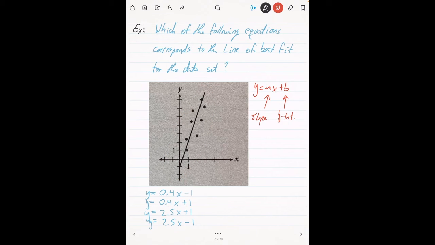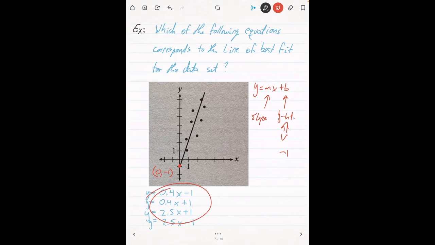Okay, in this problem, we're trying to find the slope and the y-intercept of this line of best fit. Well, you can see by the graph, it's pretty obvious what the y-intercept is, isn't it? We're crossing the y-axis here at the point (0, -1). So b, the y-intercept, should be -1.